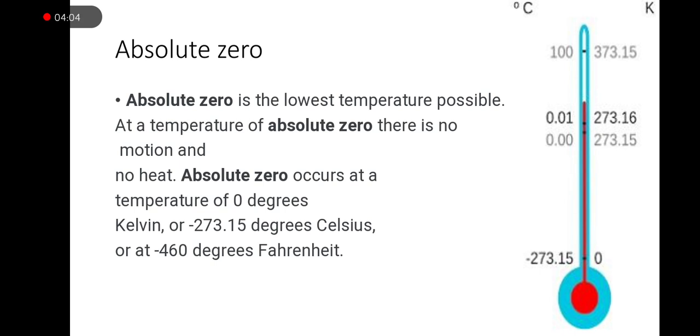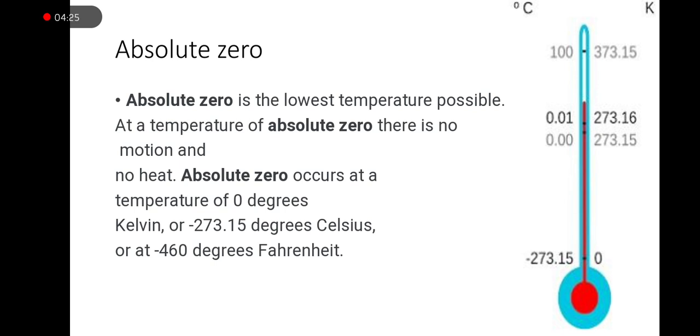So this is absolute zero, the lowest temperature. Absolute zero is the temperature at which a material has no heat energy. This temperature is minus 273 degrees Celsius.